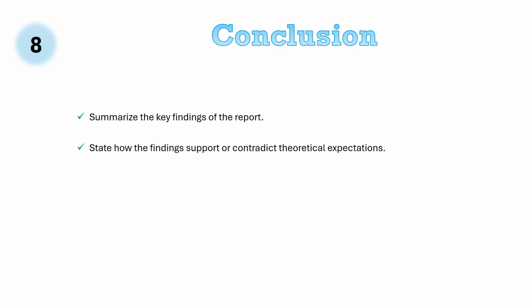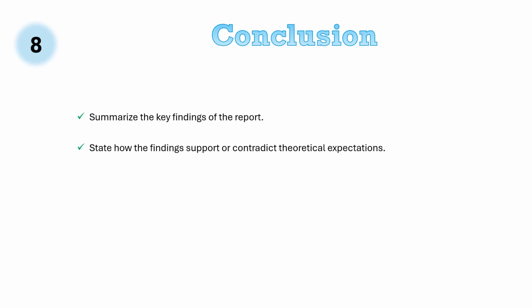The second last portion of the case study should be the conclusion. In the conclusion section, you have to again summarize the findings. In the abstract also, I have mentioned that you have to give the summary related to the report. But in the conclusion, you have to conclude your report, and according to that, you have to summarize the key findings of the report.